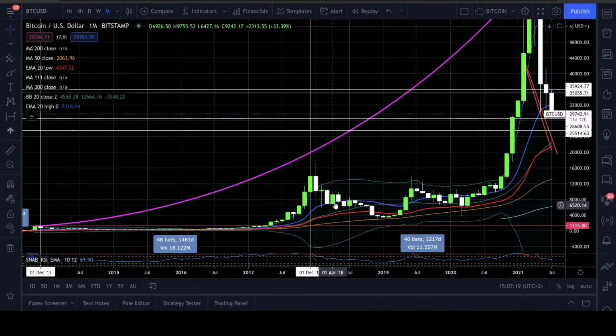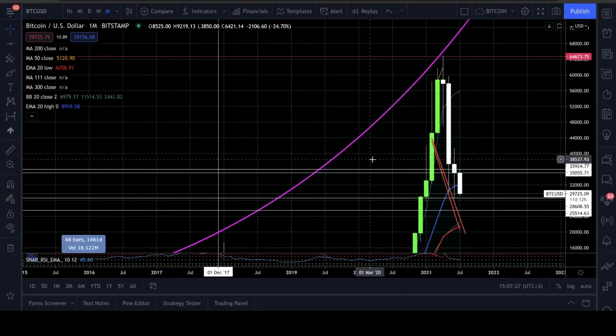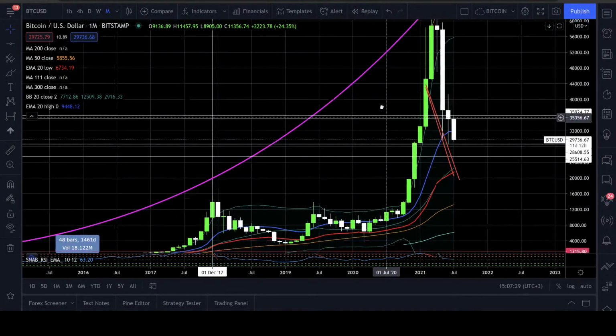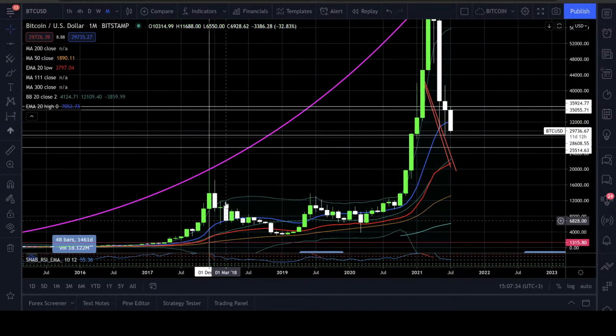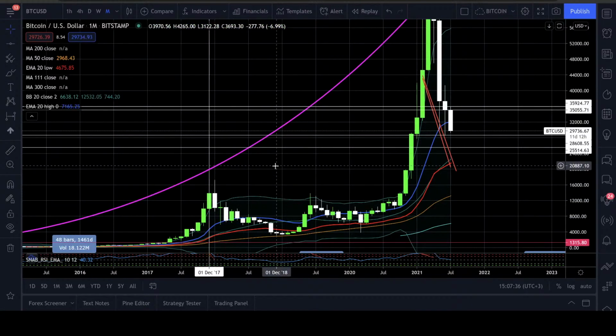This was bullish, then 2 months bearish, 1 month bullish, then a range, and then a final drop. It's not going to be exactly the same. We have 4 months down, and this was 3 months. Generally the bull and bear cycles are similar, but it's not going to be exact.